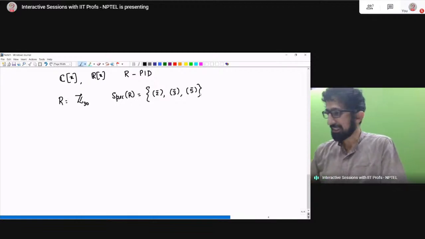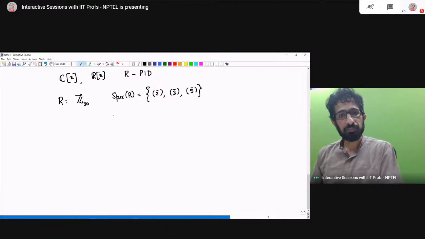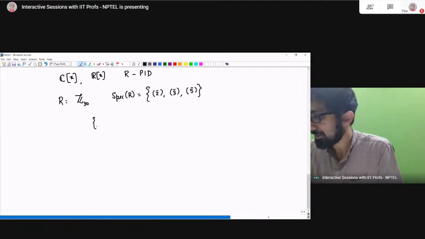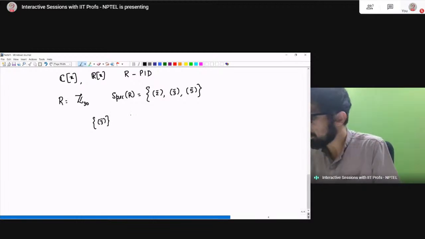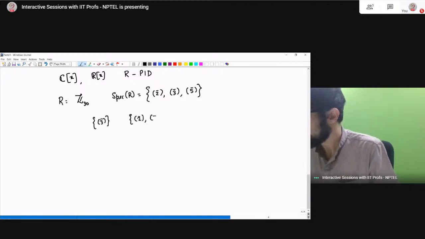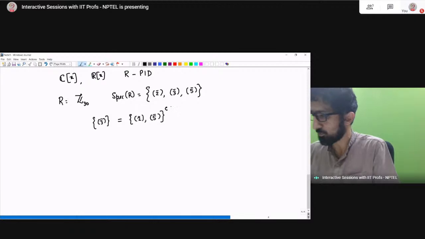So if I take any singleton, it is going to be an open set, right? Because if I take 3 bar, why is this open? It is the complement of this set.